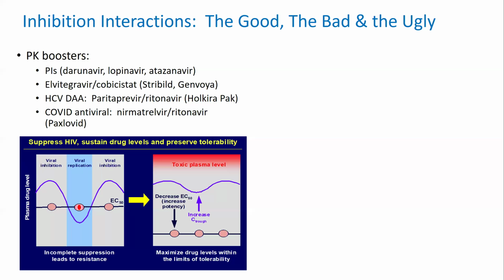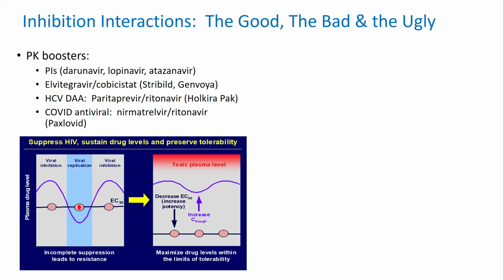Now, there's some really great things about using this characteristic of certain drugs. So PK boosters are used to allow us to decrease the pill burden and dosing frequency while increasing drug concentration.